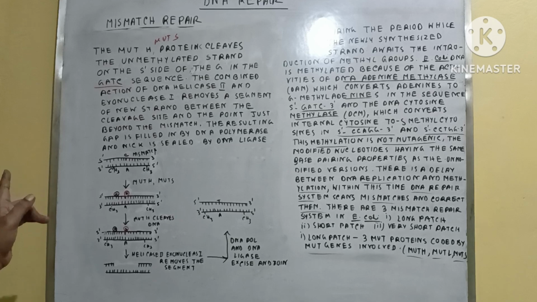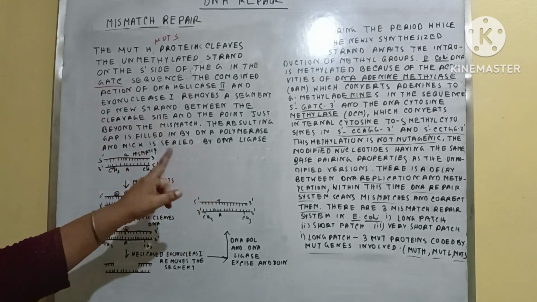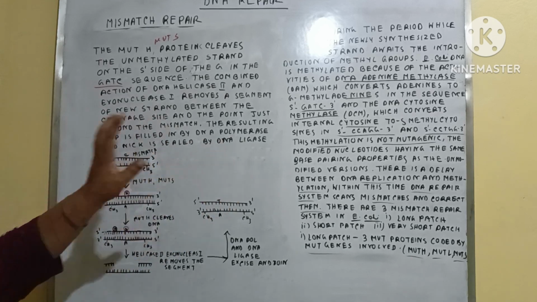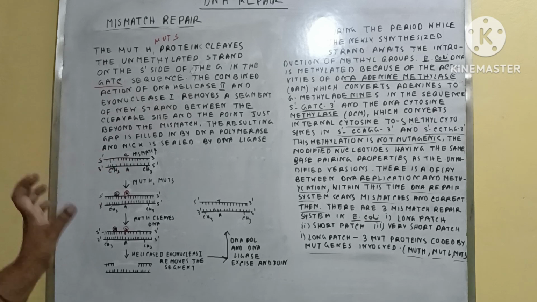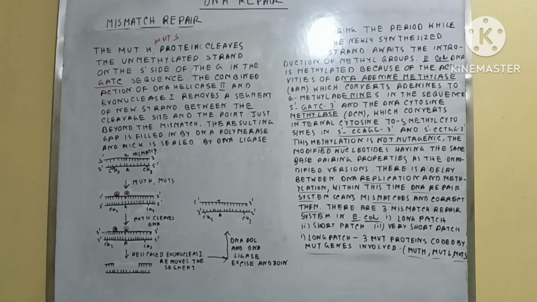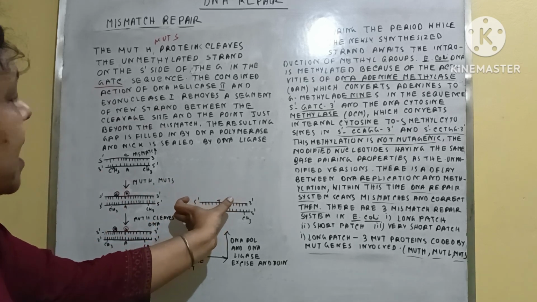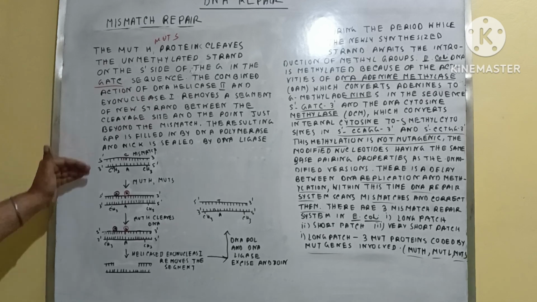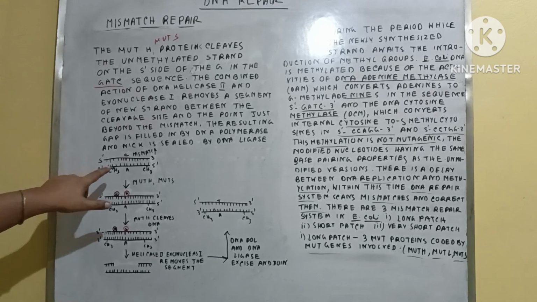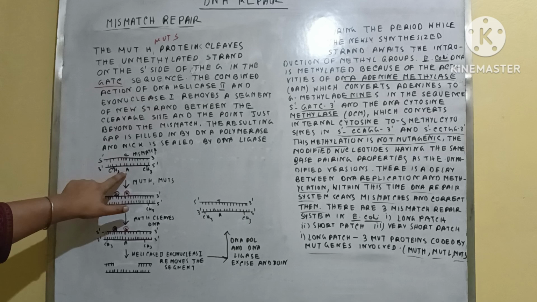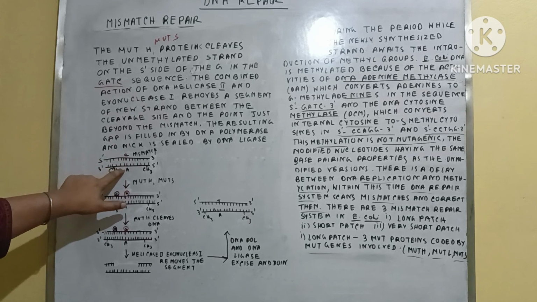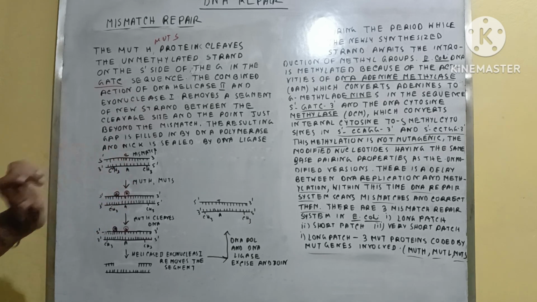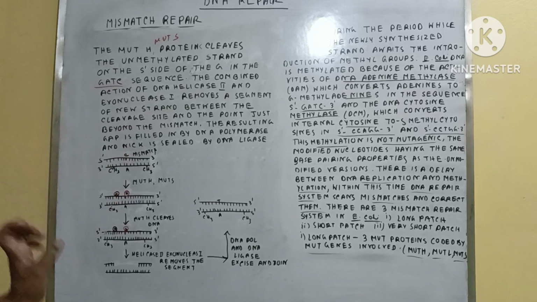Another two important enzymes, DNA polymerase and DNA ligase, fill the gap and form the totally correct DNA strand. So this is the diagram you just see here. One mismatch is seen, just A and C pairing with each other. This is the mismatch portion.